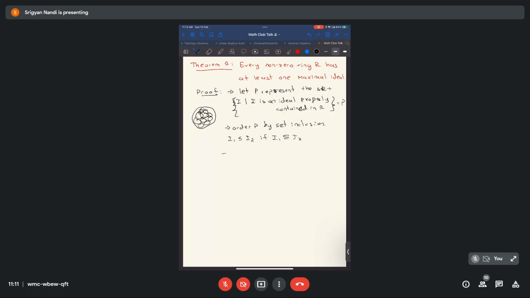And then consider any chain I alpha, alpha belonging to the indexing set, in P. So if R is a ring, our chain will look like ideal I1 contained in I2, contained in I3, and so on, because in this chain there is scope for direct comparison between any two given ideals.